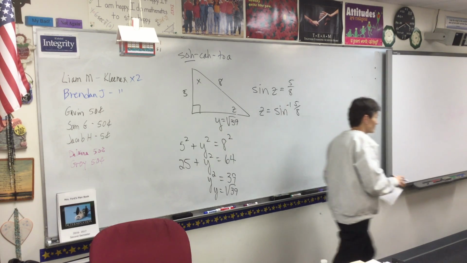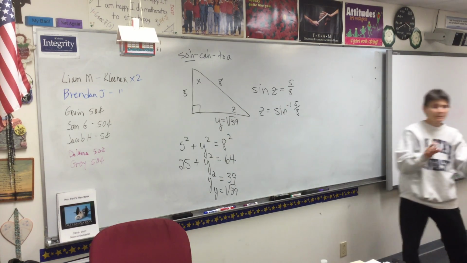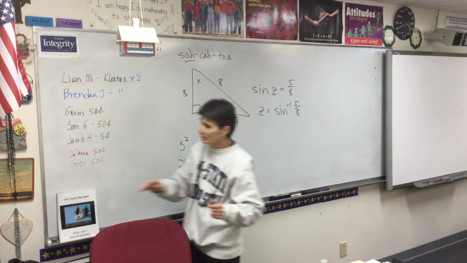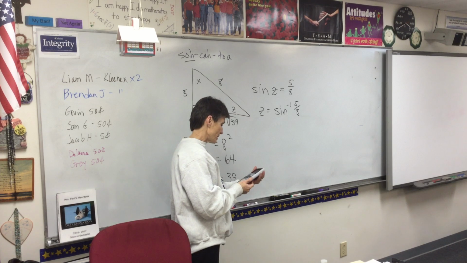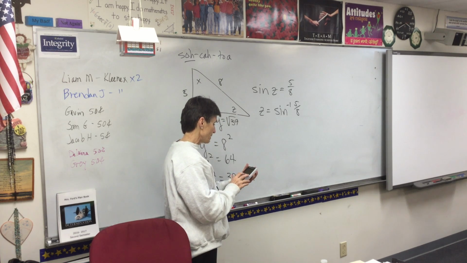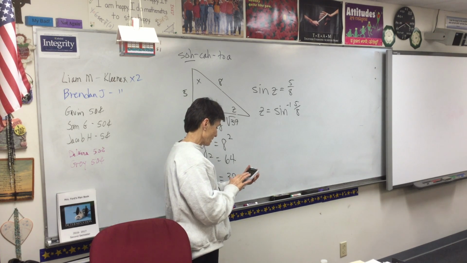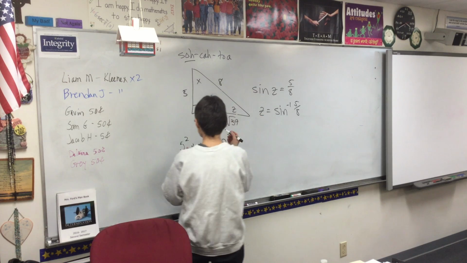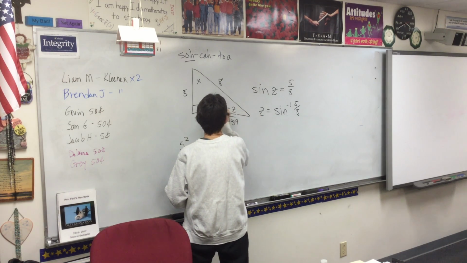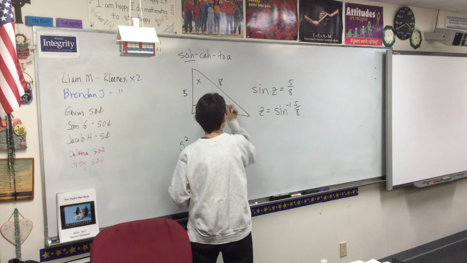Make sure your calculator's in degree mode, which it should be because we won't be switching back and forth in this unit. So once you set it in degrees, unless you loan it to somebody, you should be all good. So second sine 5/8. Did you get 38.68? So Z is 38.68.